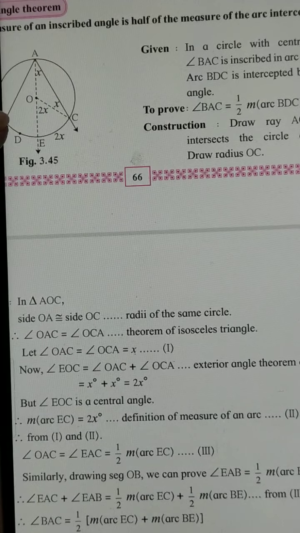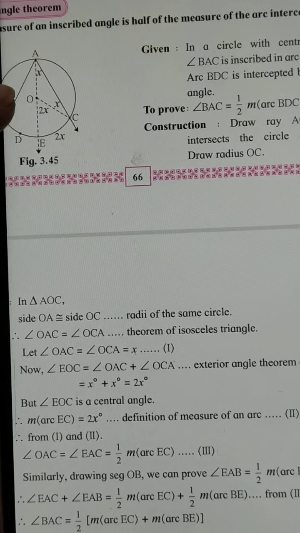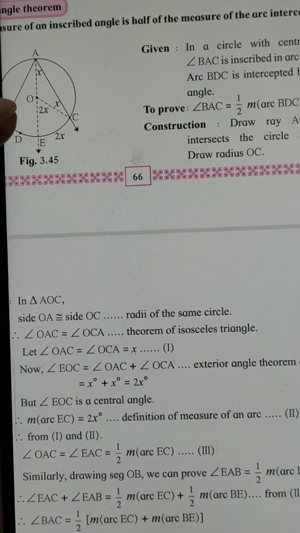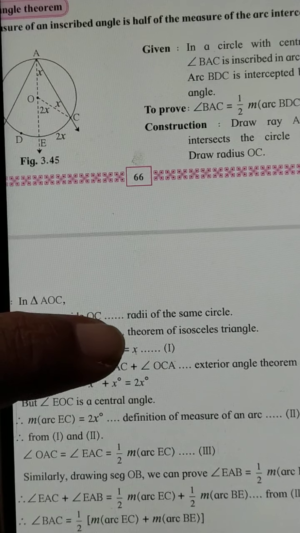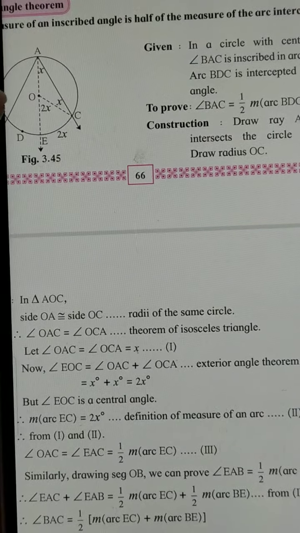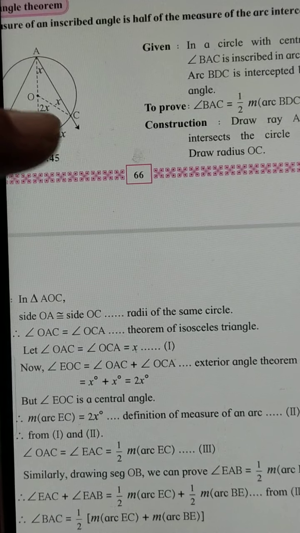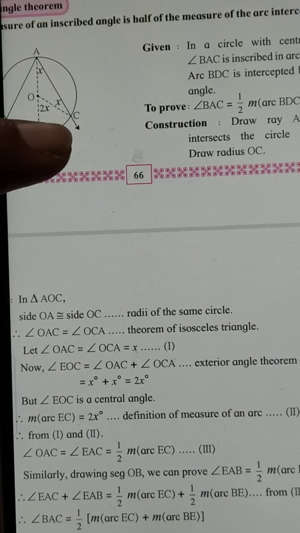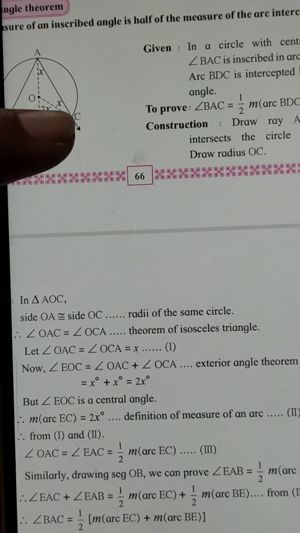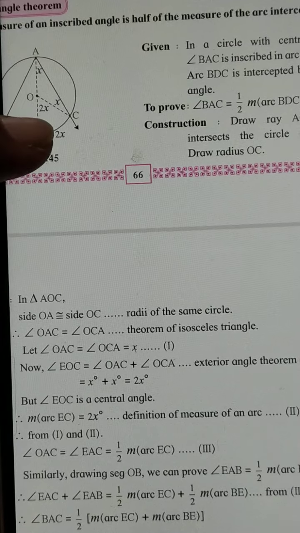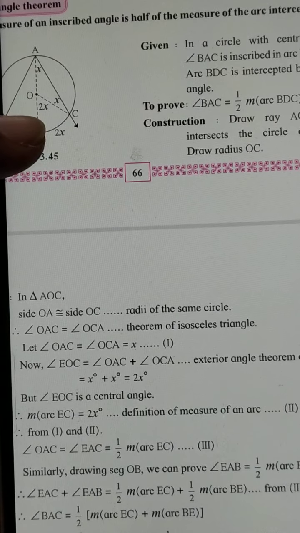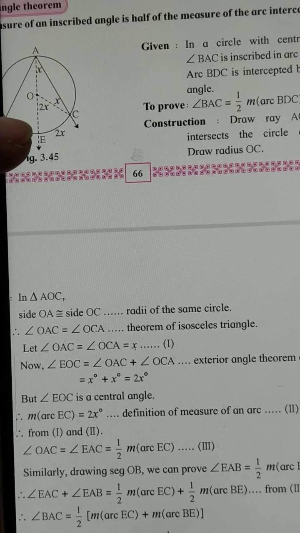Now let the measure of angle OAC and also the measure of angle OCA be equal to x, and this is number 1. Now angle EOC is the exterior angle of triangle AOC.